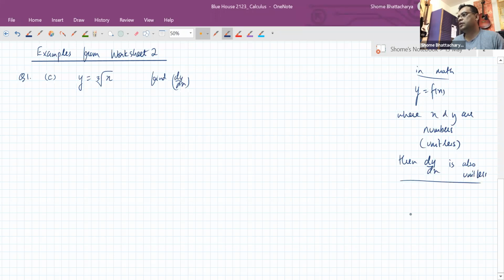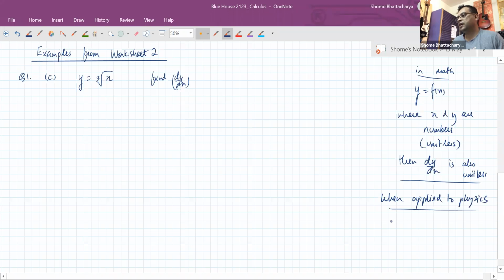Okay. But when this is applied to physics, x will be a variable with a unit, and so will y. y will be the dependent variable with a unit.